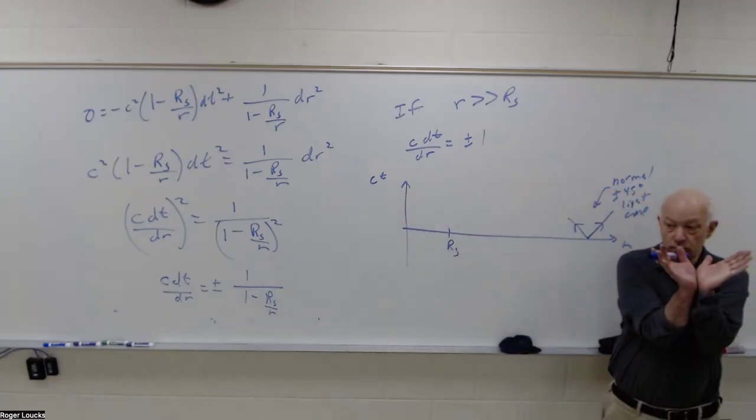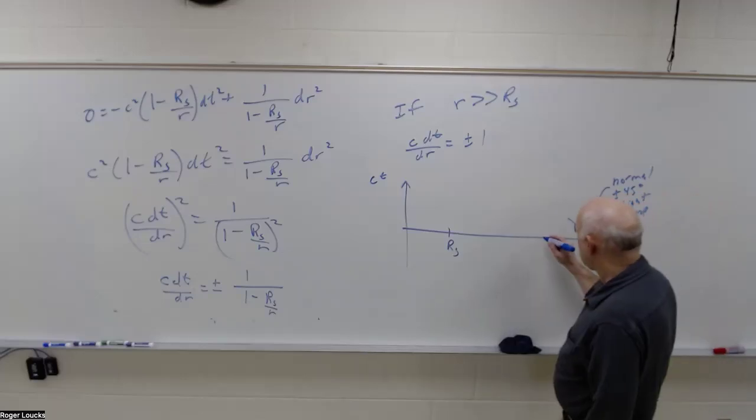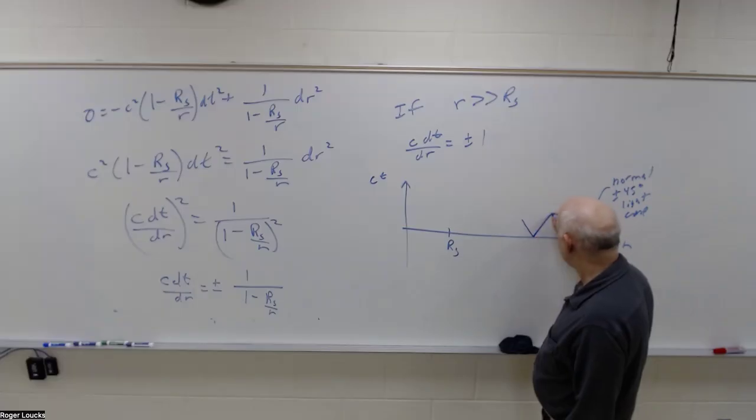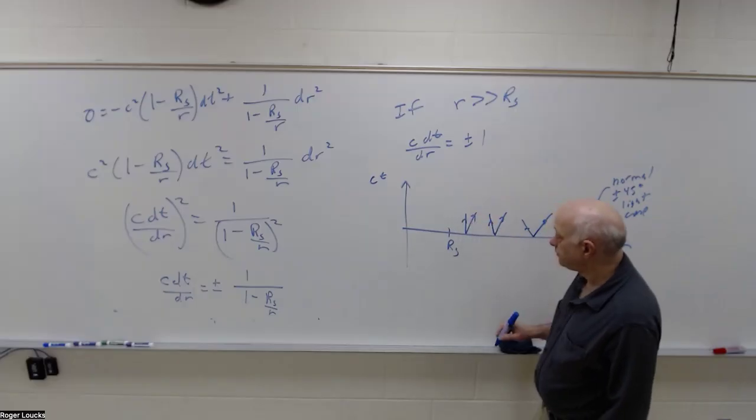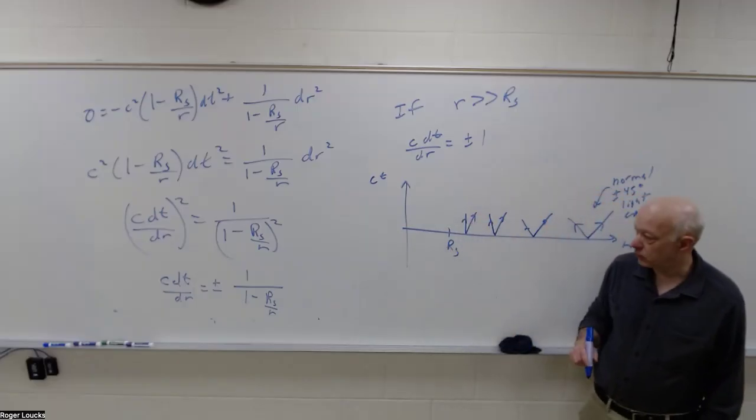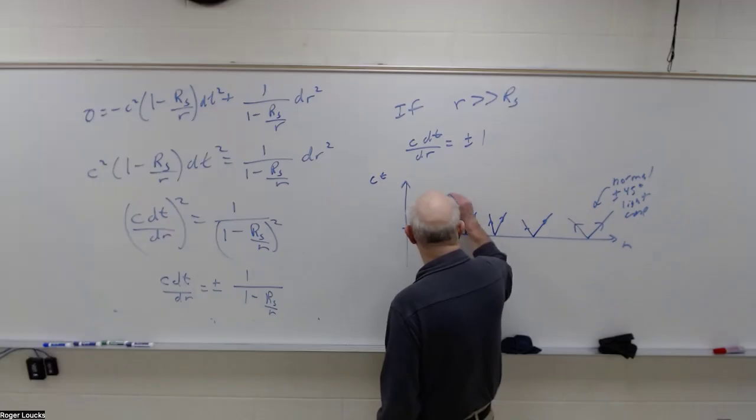It's not like this anymore. It has a steeper slope. As you get closer here, it's going to go like this, and like this. And if you get really close to the r sub s value, what is it going to be? Straight up. Yeah, it's going to be like this.